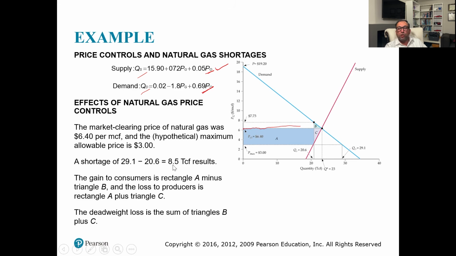So there is a shortfall of 8.5 trillion cubic feet.